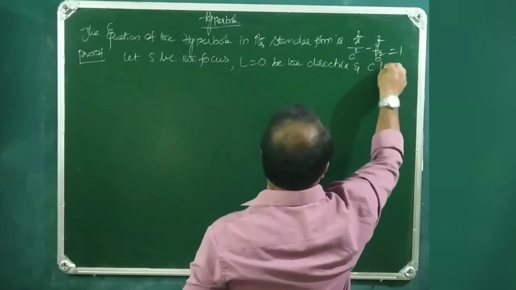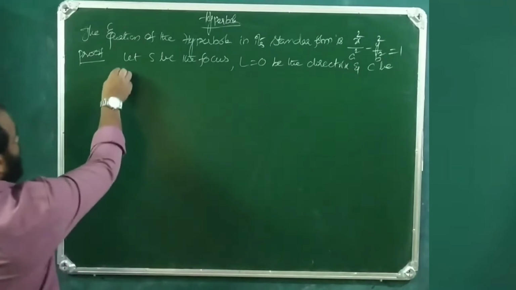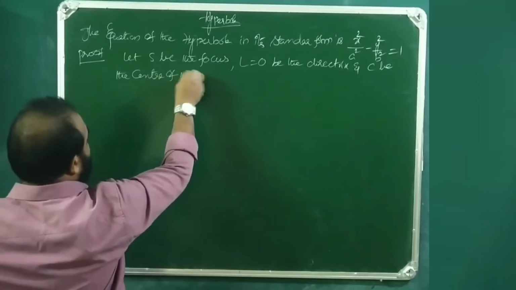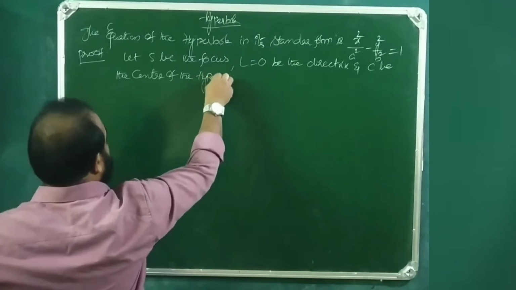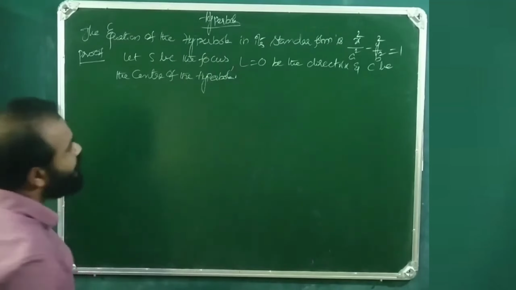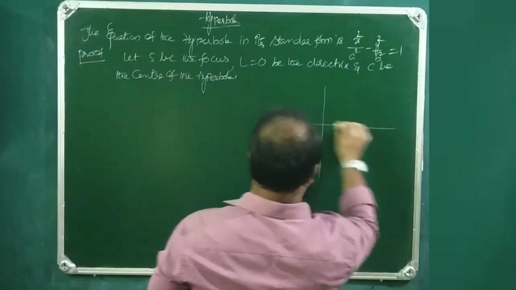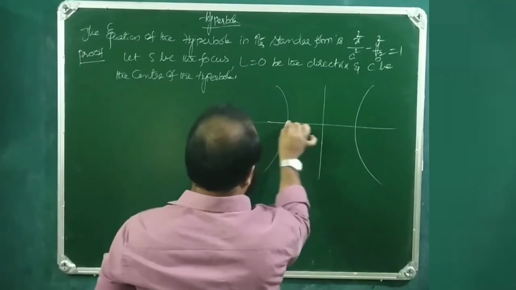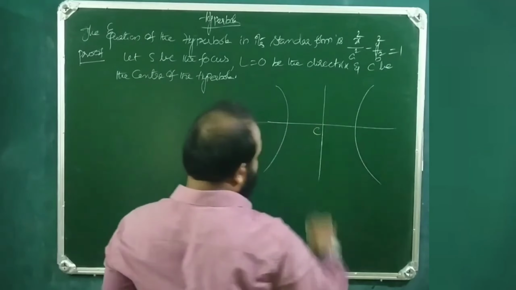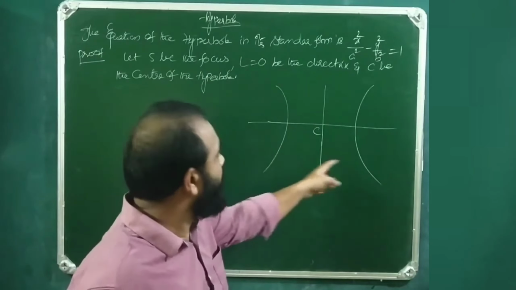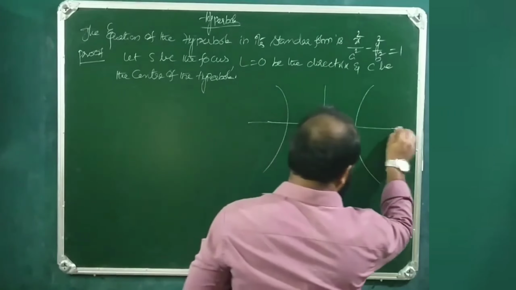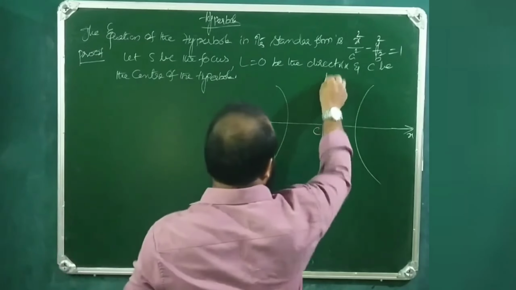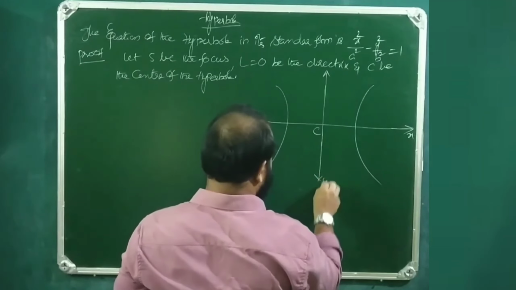And C be the center of the hyperbola, and this is the x-axis and this is the y-axis.